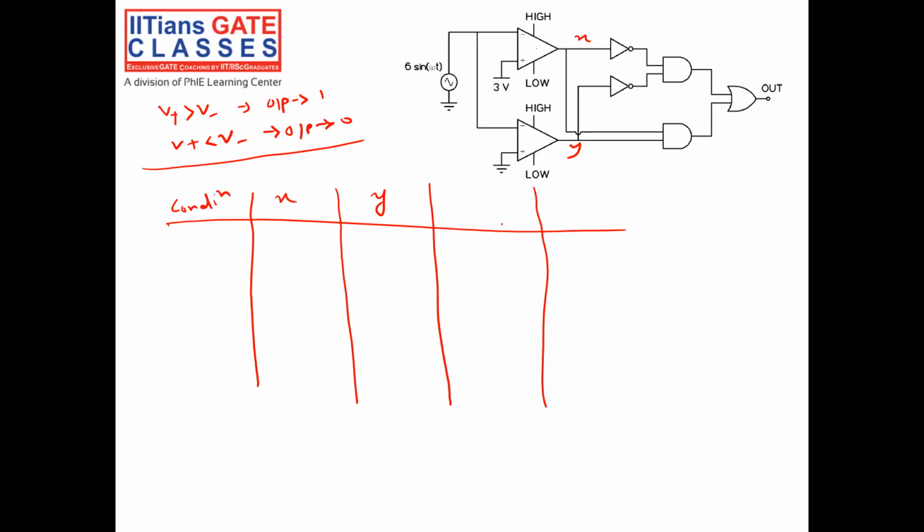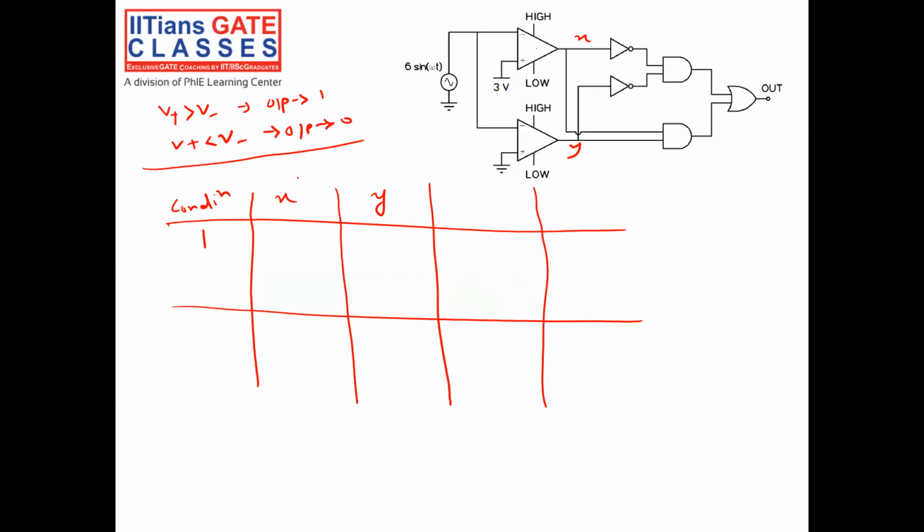First thing, I have to know when x will be high. Take the condition of 1. When x will be high, since my V positive is 3 volt, what is the condition for x to be high? Vin should be less than 3 volt, then only x will be high.